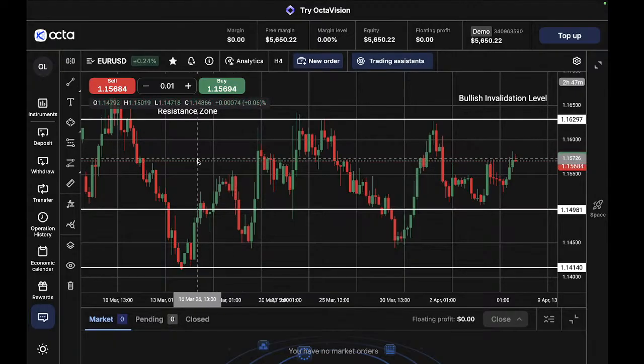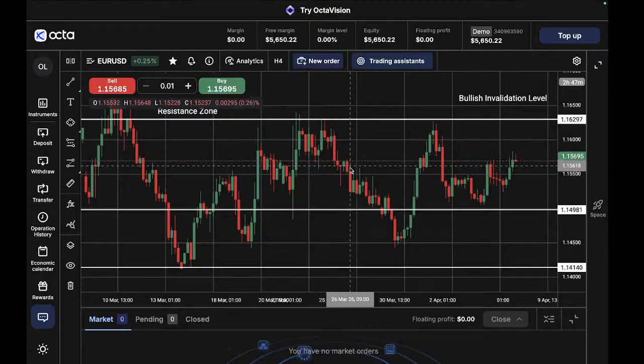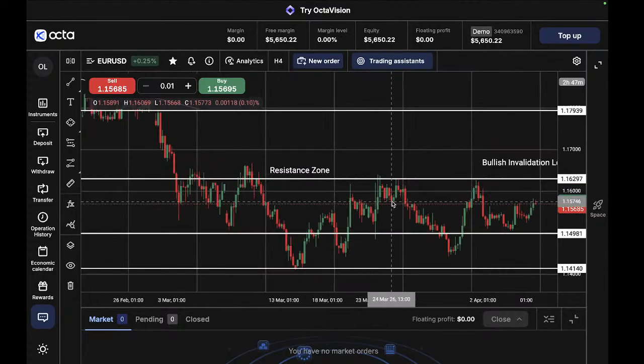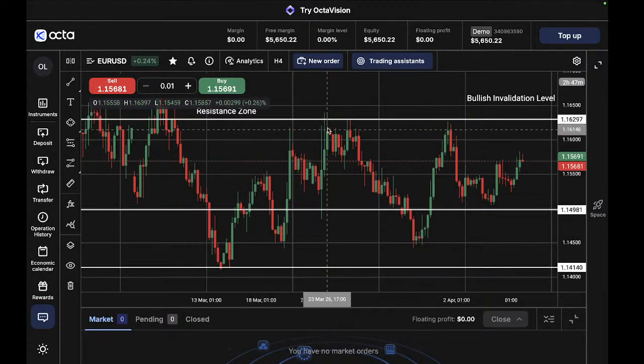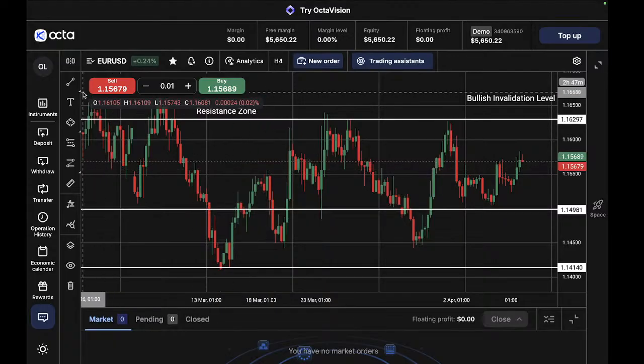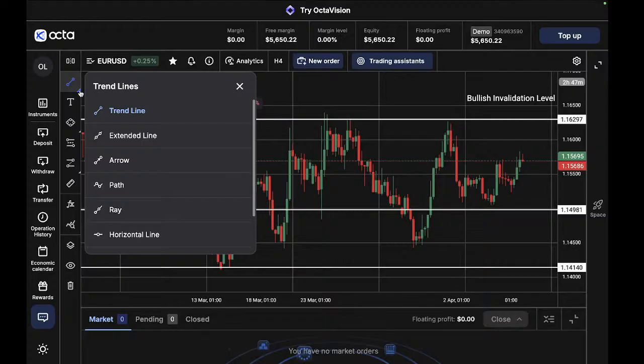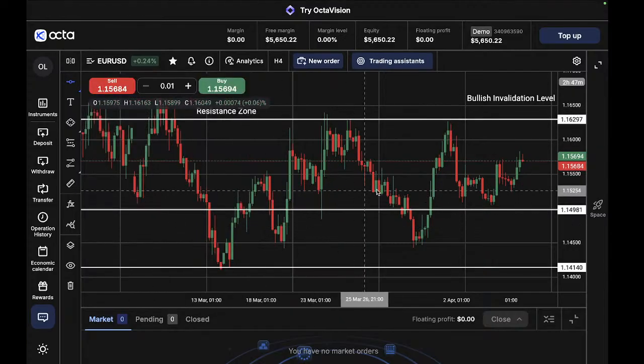So here we are on the 4 hours time frame. When we look into the 4 hours time frame, definitely we can see how price has been moving up, coming down, moving up, coming down. And within this 4 hours time frame, it has its own levels of support and resistance. So here we're going to put a level.